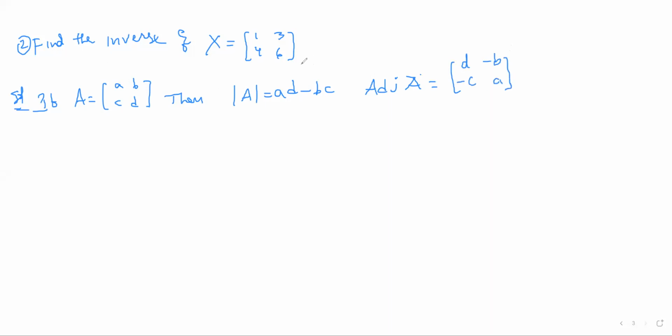As the given matrix is also a 2 by 2 matrix of the form A, B, C, D. So given capital X is equal to 1, 3, 4, 6. Okay, then determinant of X is equal to 1 into 6 minus 4 into 3.